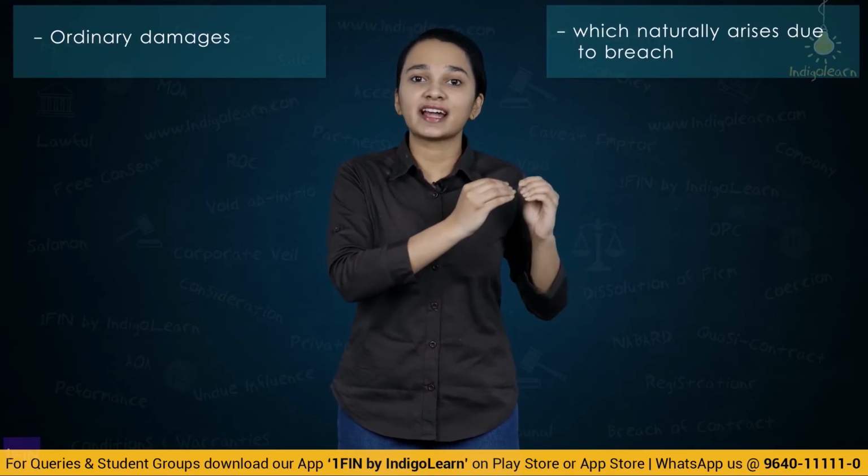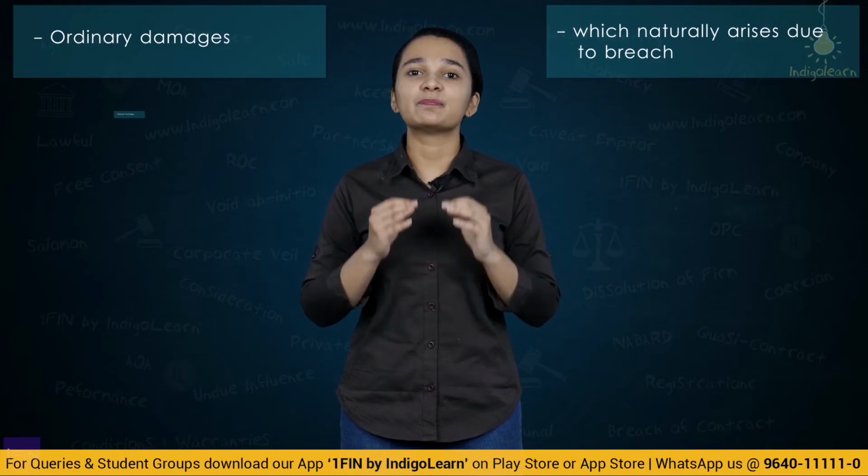The first type of damage is an ordinary damage. An ordinary damage is a damage which naturally arises as a result of breach. So it is the damage which directly arises as a result of breach. The second type of damage is a special damage.